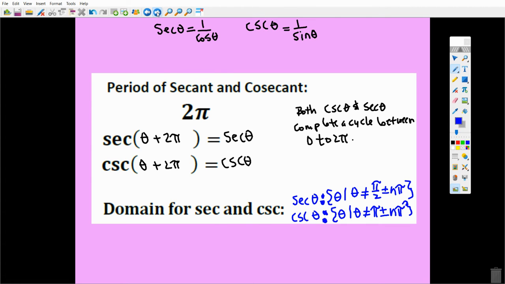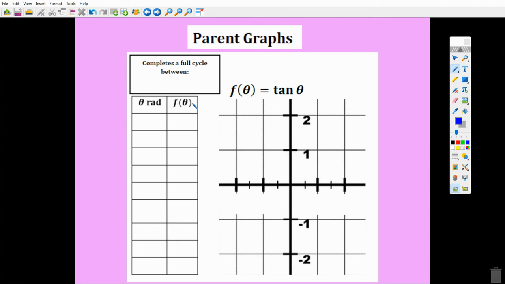So graphing is going to take a little bit of time because I need to justify, after we write down the radian numbers here, how do we find the values of tangent theta by those radian numbers? And we have to remember one big thing: tangent theta is sine theta over cosine theta.